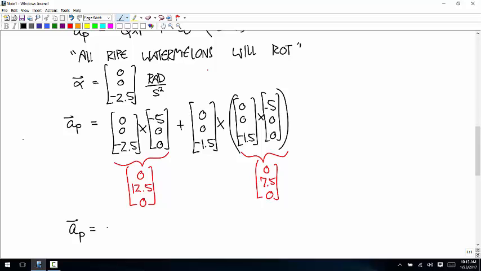And so the acceleration of P is 0, 12.5, 0 plus 1.5 times 7.5 in the x direction, which is 7.5.